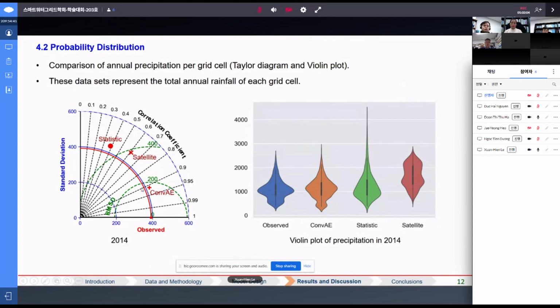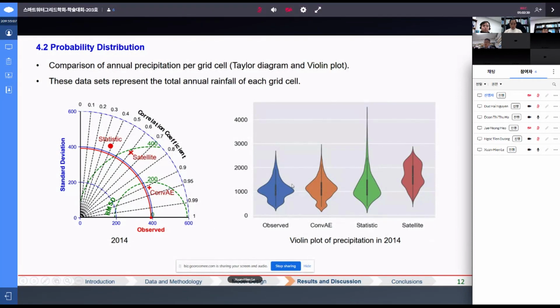We can see the deep learning model, or convolutional autoencoder neural network, shows superior performance with a correlation coefficient of more than 90% and a standard deviation of about 410. It is better than the statistical data or satellite data.